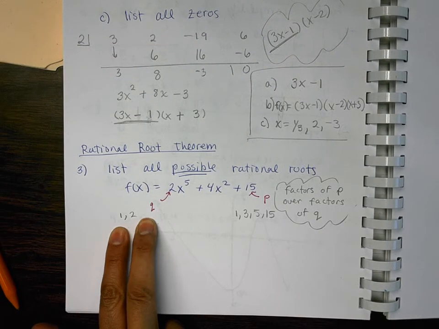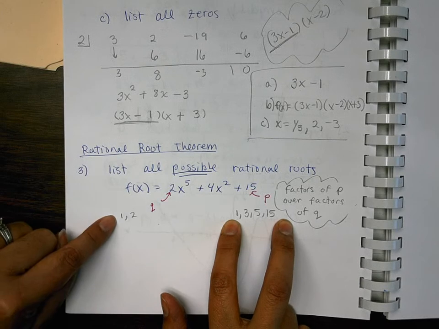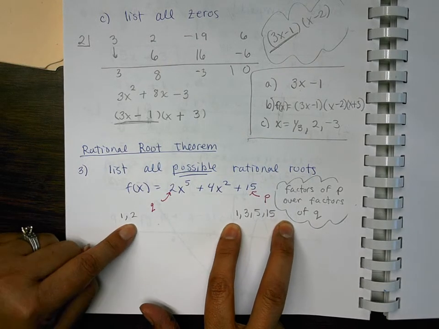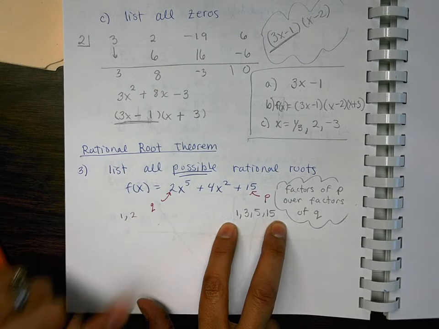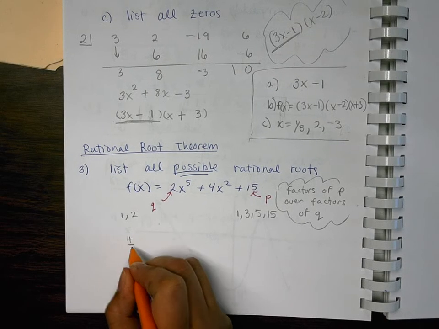The way I do it, I take all of these and divide by the first factor. And then I take all of these and divide by the second factor. And if there was a third, I would take all of these and divide by the third. And I will tell you, it is always plus or minus. I'm going to do that first. Plus or minus.